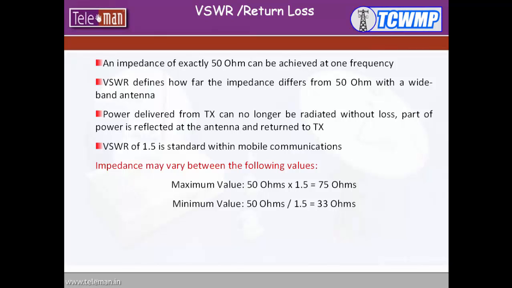Part of the power is reflected at the antenna and returned to TX. This is our return loss. VSWR of 1.5 is standard within mobile communication. So the maximum value, 50 ohms times 1.5, will give you 75 ohms, and the minimum value of impedance is 33 ohm.